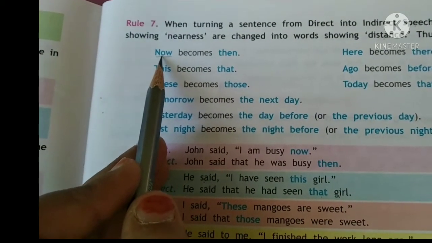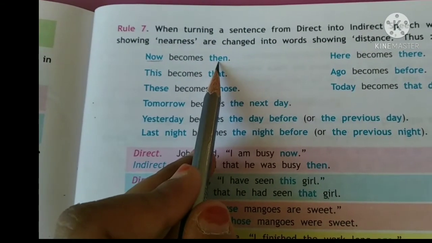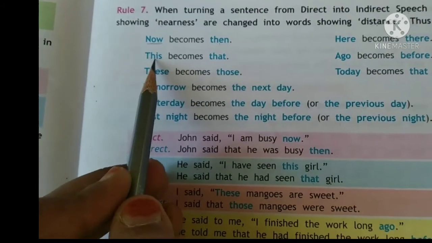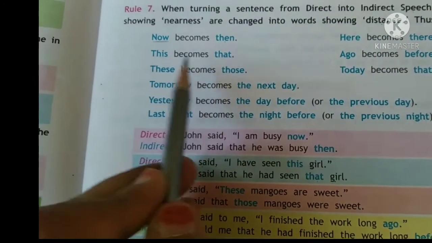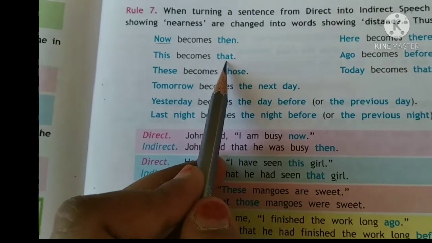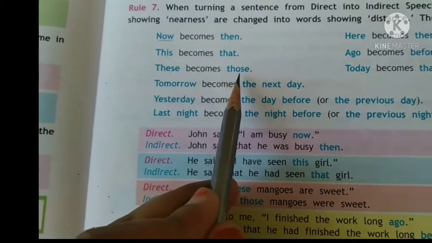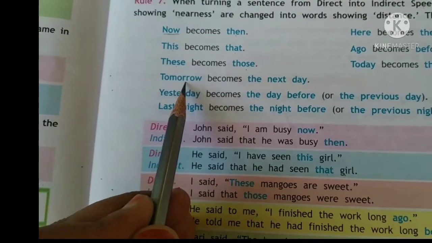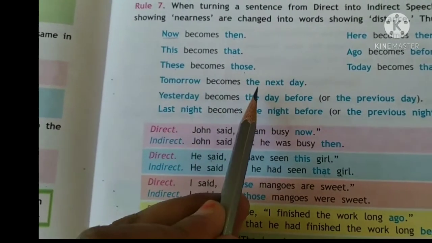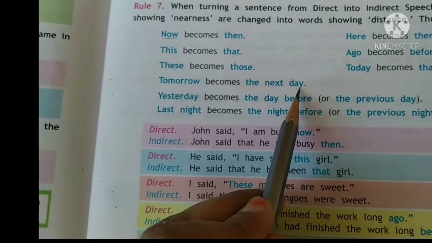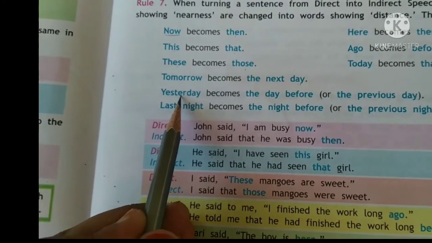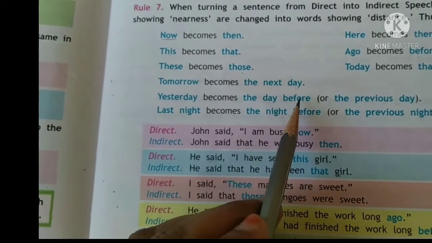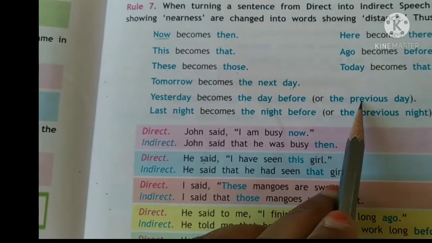Now in the direct speech becomes then in the indirect. This in the direct speech becomes that in the indirect. These will become those in the indirect. Tomorrow in the direct speech will become the next day in the indirect. Yesterday will become the day before or the previous day.